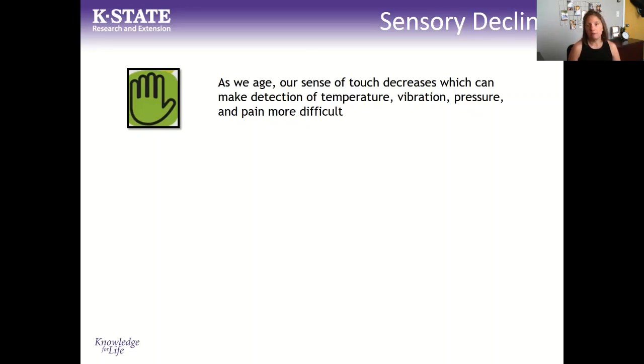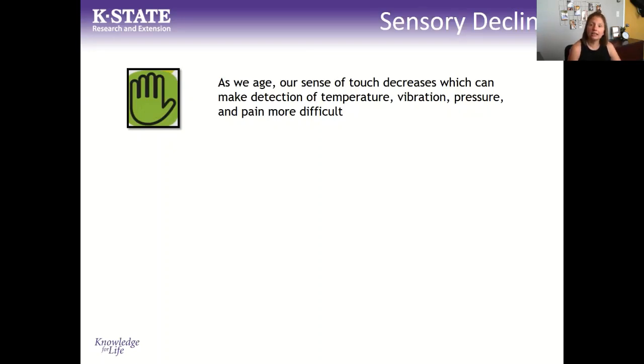With our ability to touch, our sense of touch decreases, which can make detection of temperature, vibration, pressure, and pain more difficult. One of the stories that I'll share with this is an older adult who perhaps puts their hand under incredibly hot tap water.